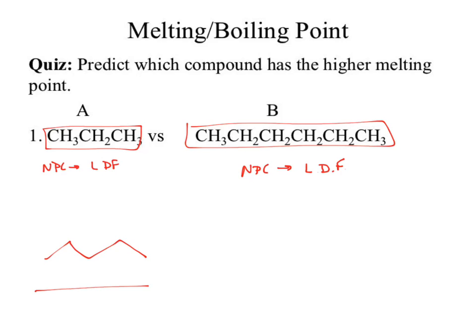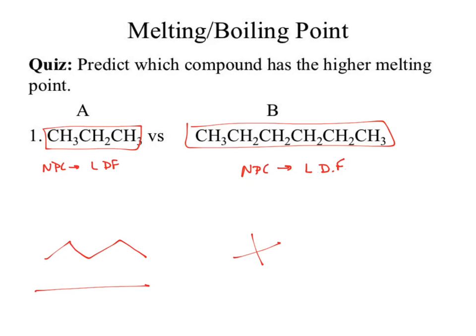If I took a look at that compound versus that compound, they have the exact same number of points, which means they have the same number of carbons and the same number of hydrogens. Both of these are just carbons and hydrogens, which means they both have London dispersion forces. Which one has the higher melting point?